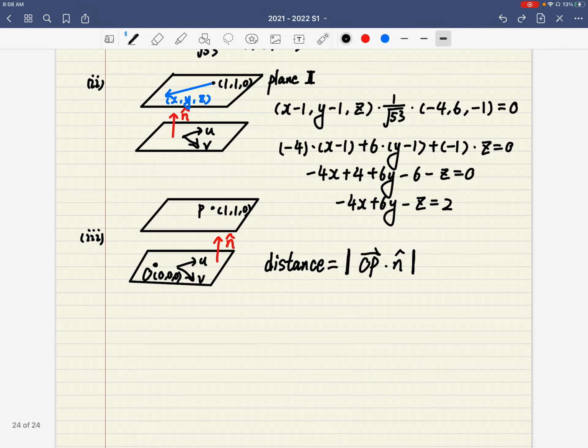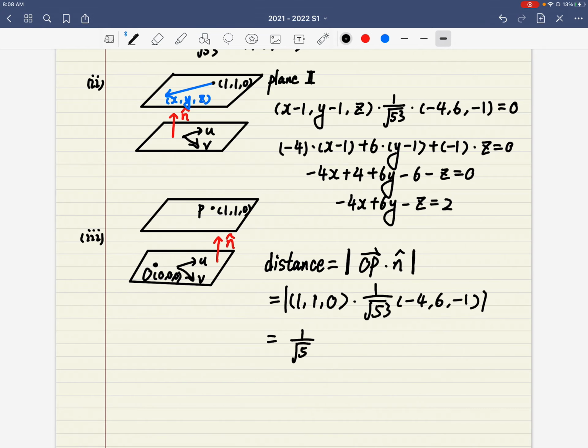So here OP is P minus O, it's 1, 1, 0, dot product 1 over the square root of 53, negative 4, 6, negative 1. Take the absolute value. So it's 1 over the square root of 53 times 1 times negative 4 plus 1 times 6 plus 0. So it's 2 over the square root of 53.